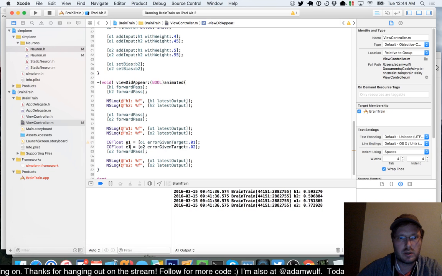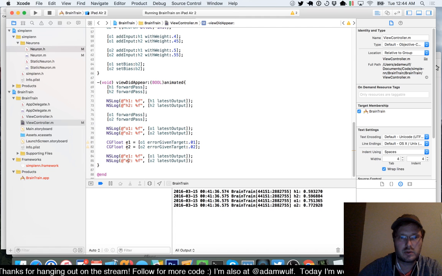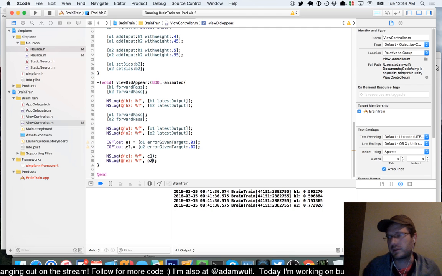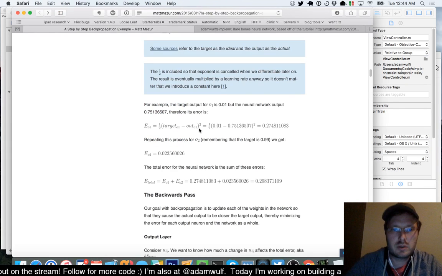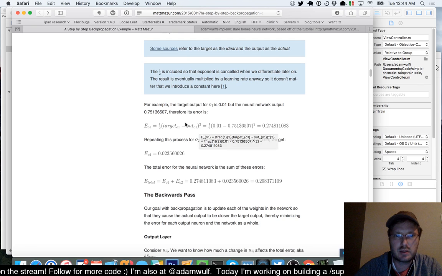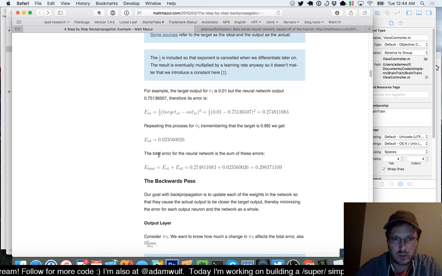Right, and then E2. So E1 and E2, awesome. So that should give us the correct error values. And then E total is just their sum.